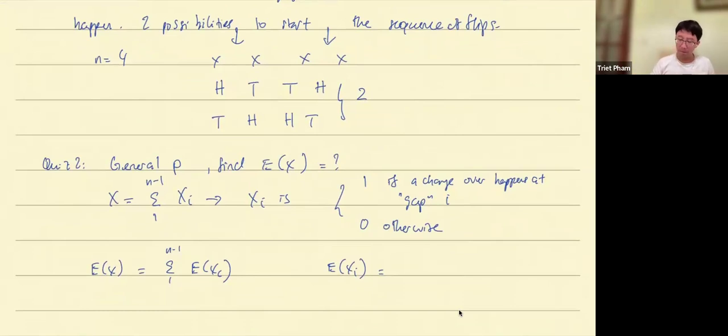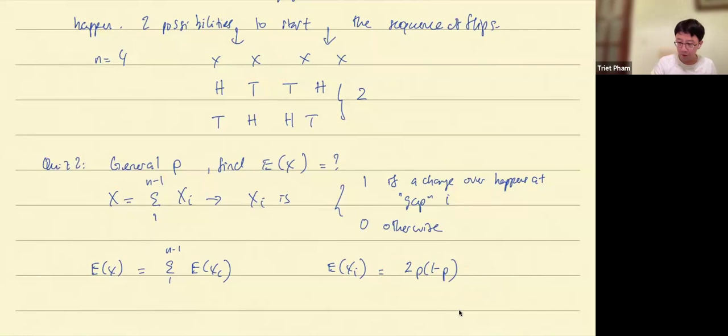And the answer is 2P(1 minus P). How so? Oh, easy. If you select any gap, then the only way for a flip to happen is one of them is tail, one of them is head. There are 2 ways to do that. So that's the probability.